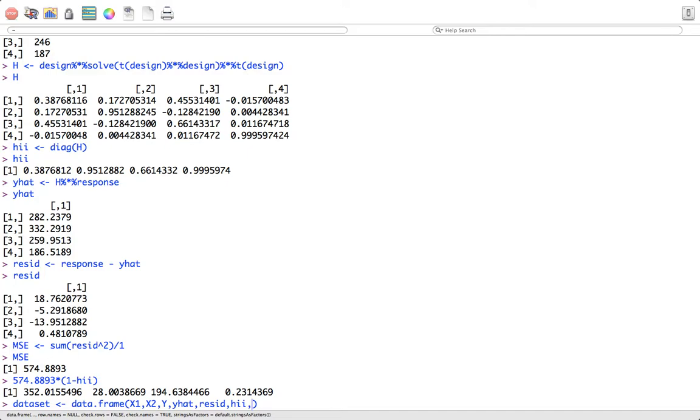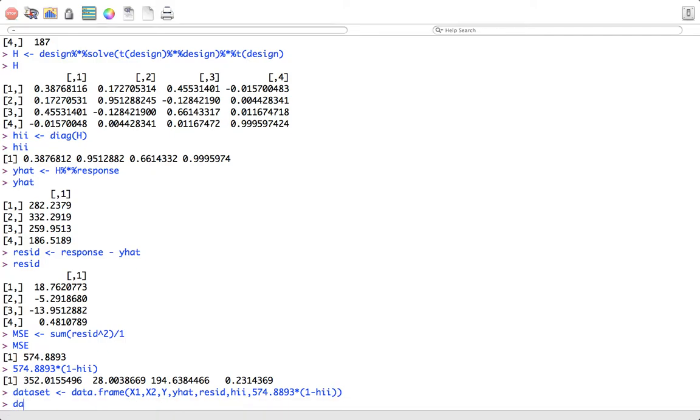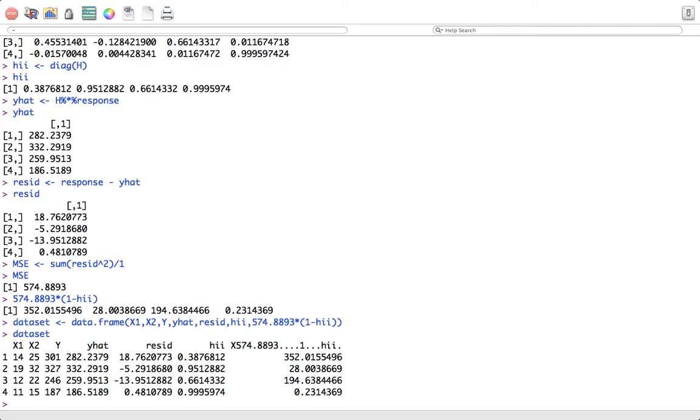Well, I can do this: 574.8893. I should have saved that as something. Times 1 minus hii. That should work. So guys, now I've got a nice cool data set of values that help me in determining whether or not a residual is of concern.